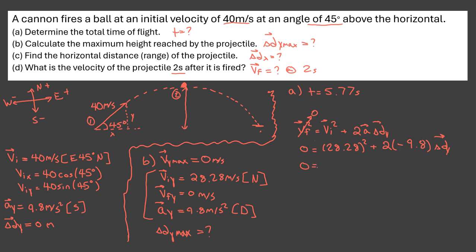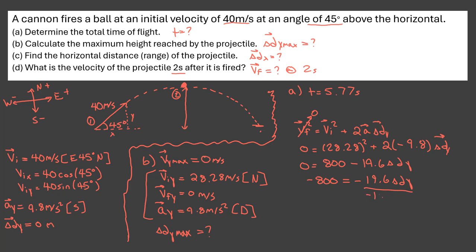So I'm going to have 28.28 squared, which gives me 800, minus 2 times 9.8, which gives me 19.6, times the displacement. I'm going to rearrange and then solve for that displacement, so I'll have negative 800 equals negative 19.6 times the displacement.